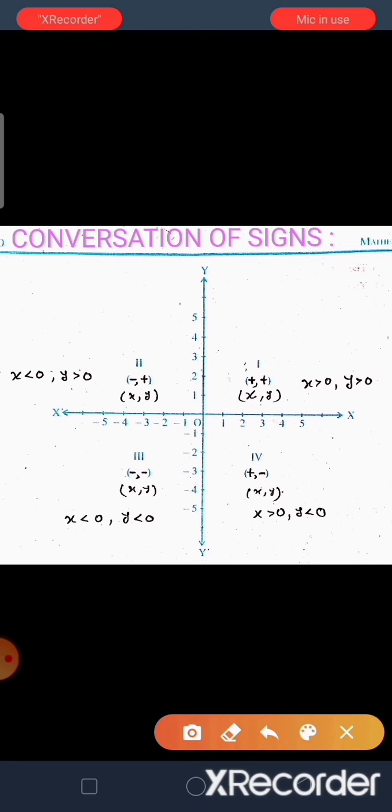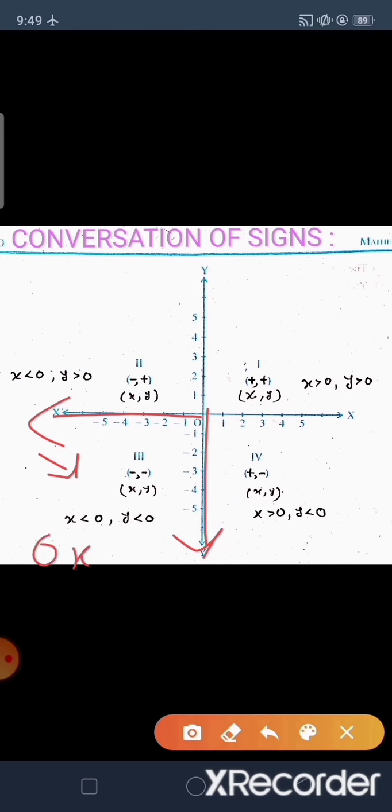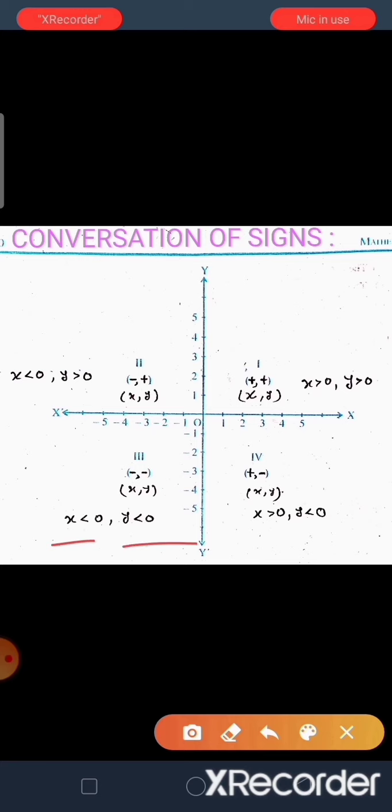Similarly, we write the third quadrant sign. Here the direction of OX is OX dash, which is negative, and OY is OY dash, so both are in the negative direction, meaning both values are less than 0. So we say the value of x is less than 0 and the value of y is less than 0. Therefore, the sign of the third quadrant is negative, negative.